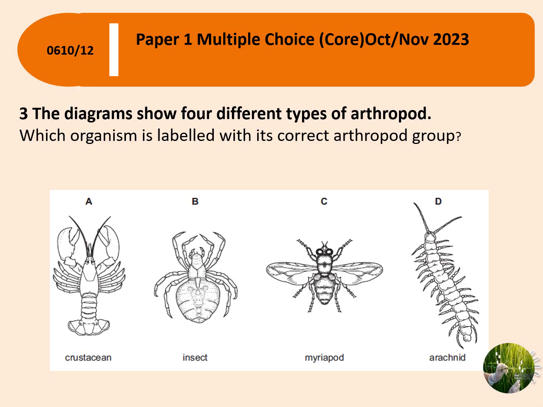C is labeled as myriapod, but it has only 3 segments in the body, so that is also wrong. D is labeled as arachnid, and it has many segments in the body with many jointed legs, so D is also wrong. So the correct answer is A, crustacean.